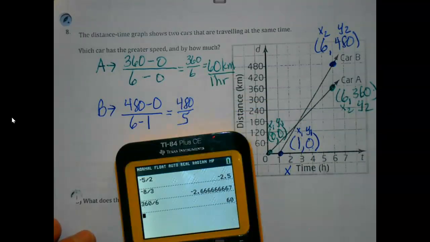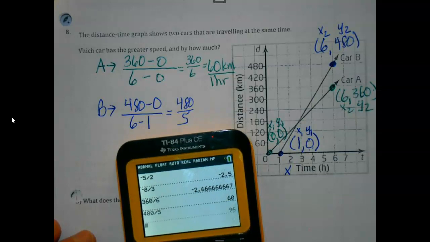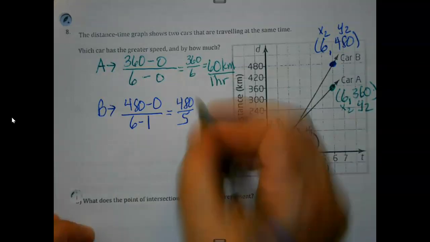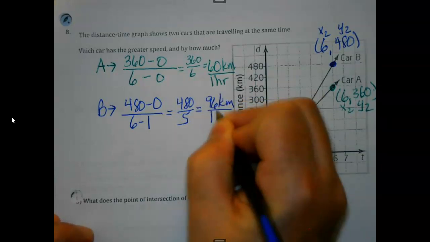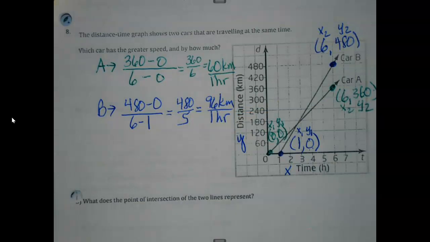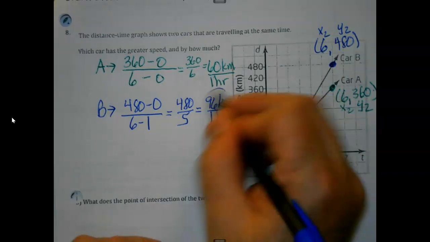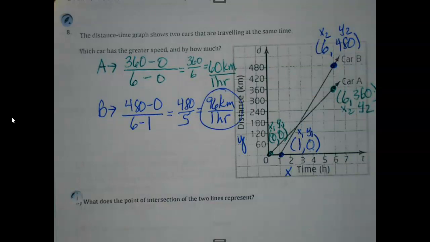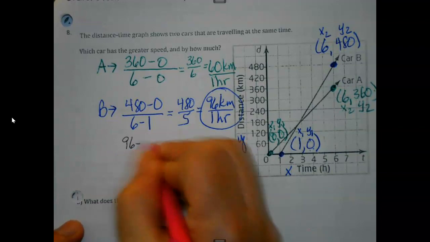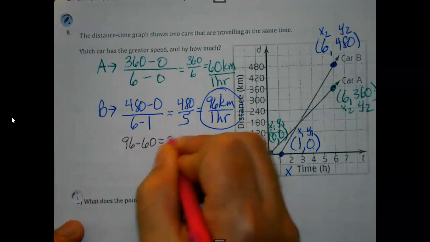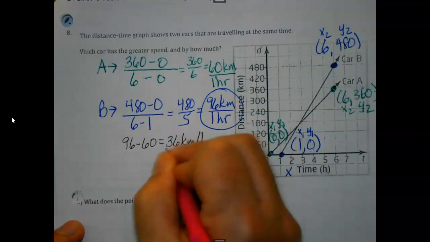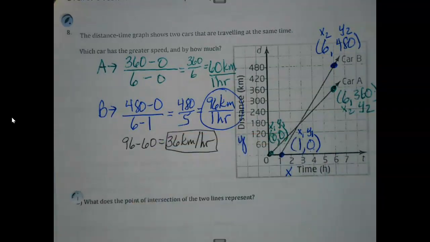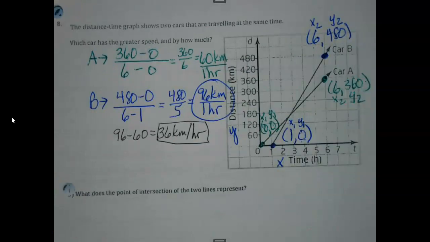Let's see. So now I can show B is definitely faster by 36 kilometers per hour. So yeah, that's pretty significant.